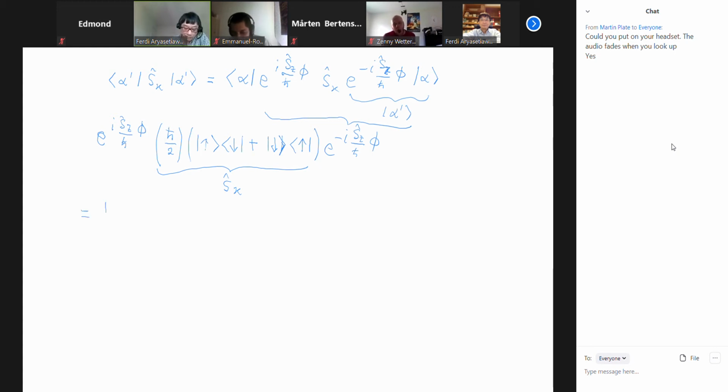Then we get h bar over 2 times the phase factor for the spin up. And the operator acting to the left gives me the phase factor with the opposite sign, because it's a spin down, so it's minus h bar over 2 for the eigenvalue. And we have this one here.